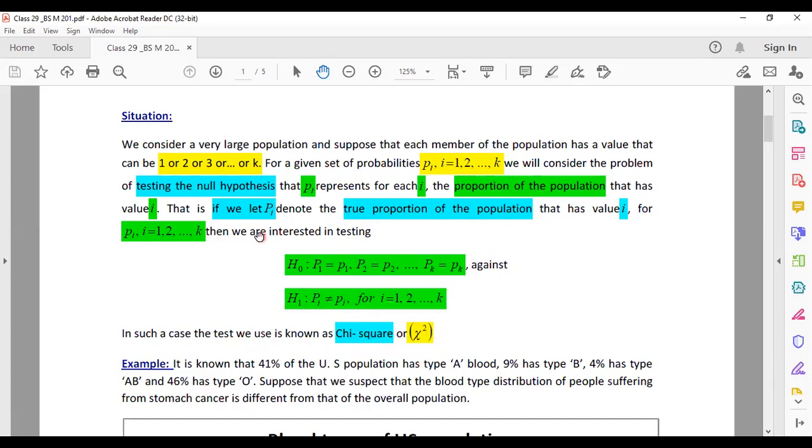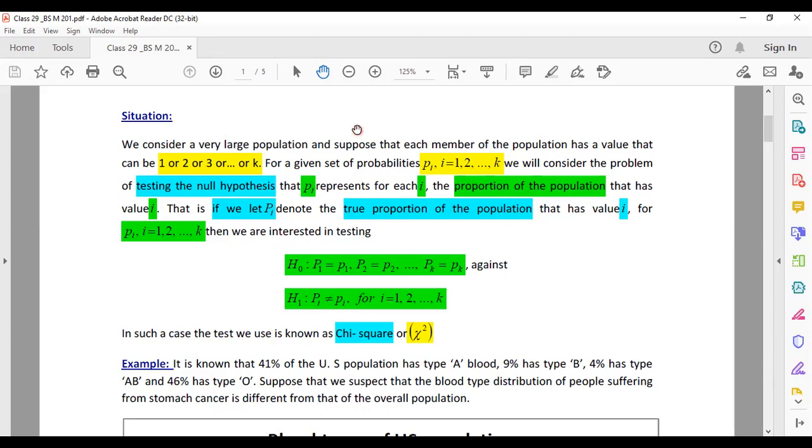So see the definition of chi-square that I wrote in the above case, and the situation of chi-square, it looks very dissimilar to one another. In the definition, I talked about the square of the random variable, the square of the normal variable. In the situation, I'm talking about the characteristic of the single proportion or multi proportions of the population.